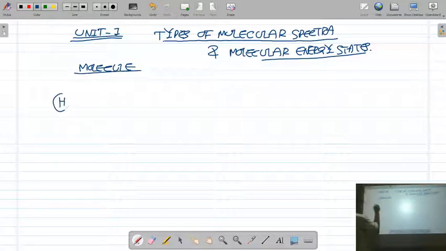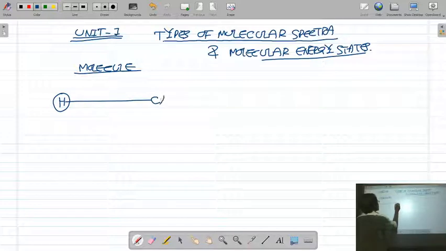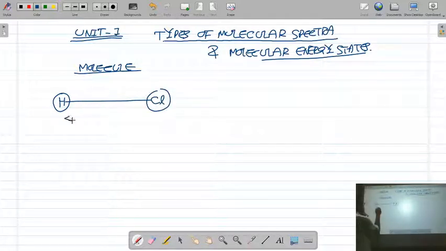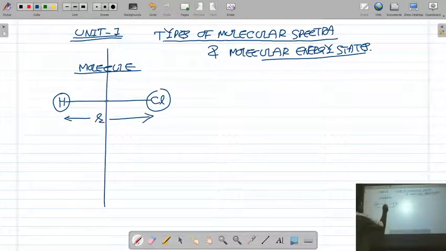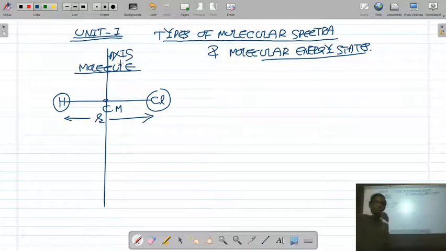Now, suppose I take the example of the HCl molecule, which is the bonding of an H atom and a Cl atom, and the internuclear distance between the two atoms is R. This is the center of mass. This is the axis passing through the center of mass. Now the molecule is performing two types of motion.